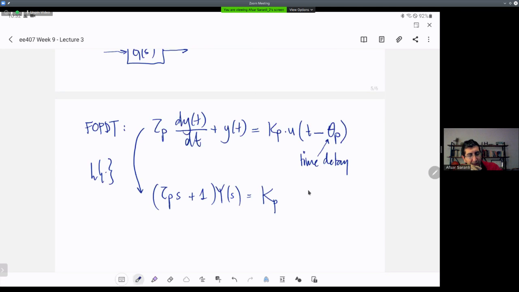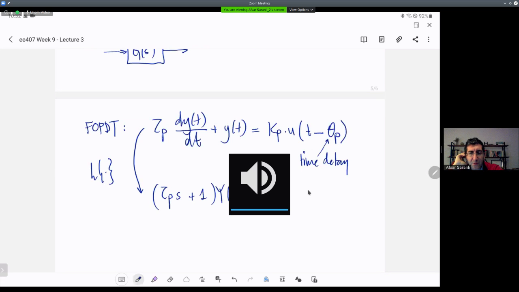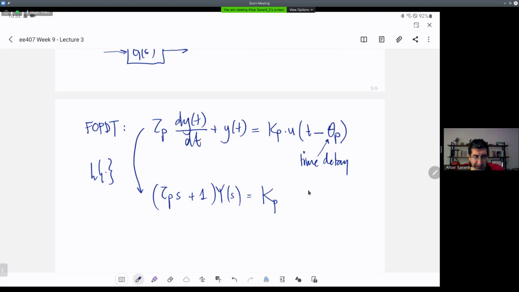Do you remember from the Laplace transform properties what the Laplace transform of a pure time delay is? Yes, that's correct. You have e to the power minus theta p s. So it's an s domain expression, but it's no longer a polynomial. It's an exponential function of s times U of s.